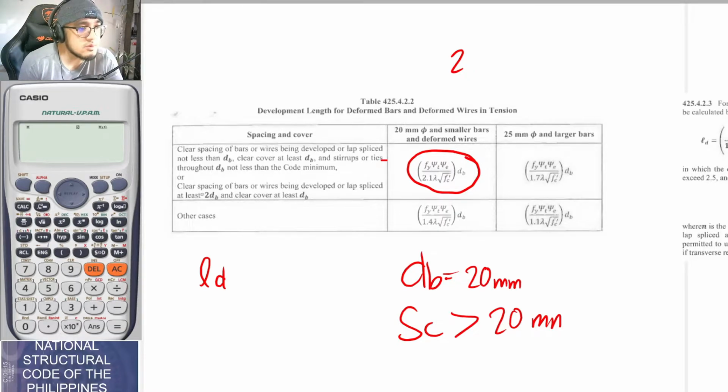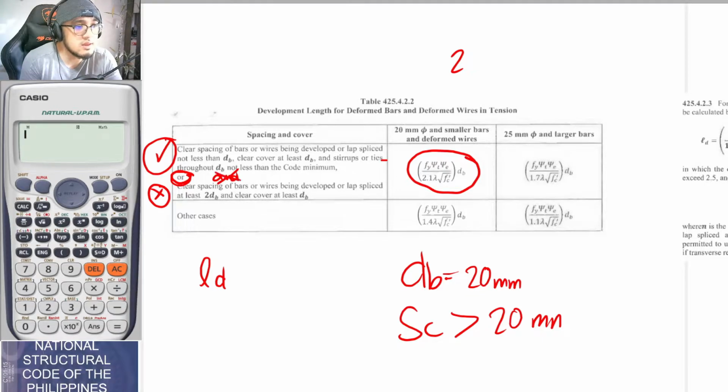By the way, guys, we also have another provision here, and since it is indicated "or", if this is already conforming, I do not need to check this any longer. Because regardless if this is conforming or not, we can still use this, kasi nga sabi dito "or", not "and".